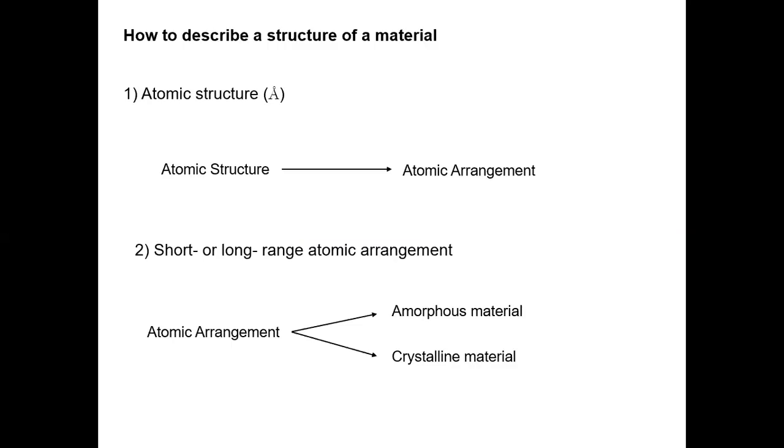At the initial stage, we can say the atomic structure of material, that means how the atoms are arranged in a material. Atoms are very small, so we consider the very small atoms and how they are arranged and how that arrangement affects the properties of material. So this is one way of describing the properties of material based on its structure.